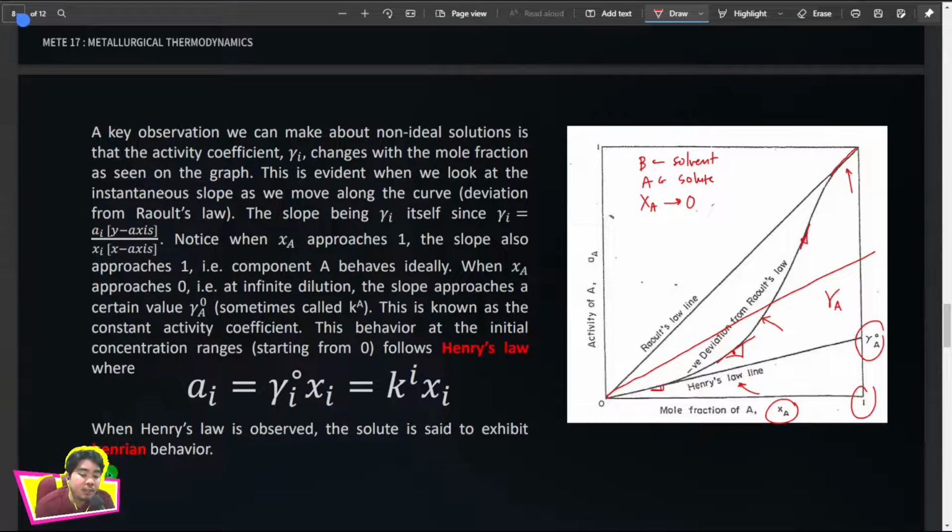We call that yung Henryan behavior. So when a solute approaches infinite dilution, it approaches what we call Henryan behavior.